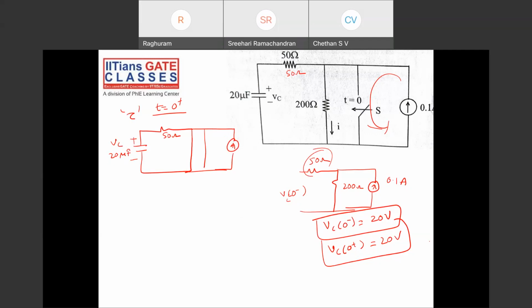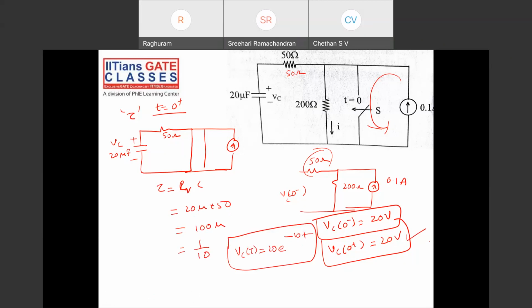This is VC. So tau is equal to R equivalent into C. Just 20 micro into 50 ohms, 100 micro, or 1 by 100, 1 by 10, 0.1. Okay, tau is 0.1. So VC of t is 20 e power minus 10t.